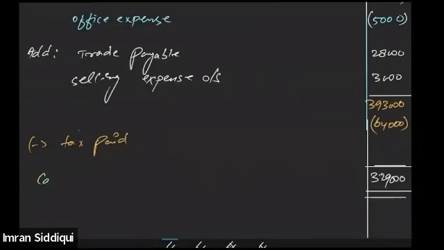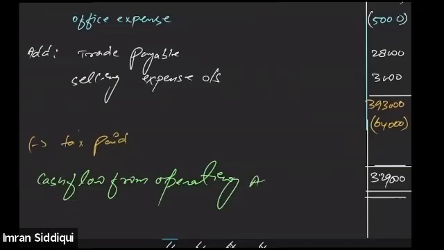Again, we are getting the positive answer, so that will be cash flow from operating activities. This is our final answer. Tell me, Abin, Mariam, Alexander, is this clear or not?